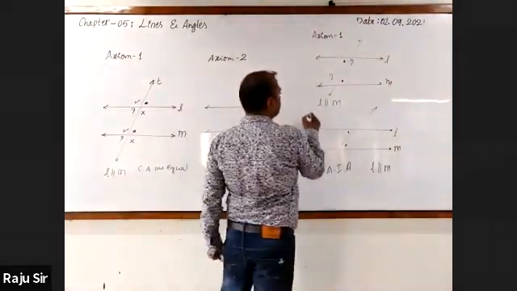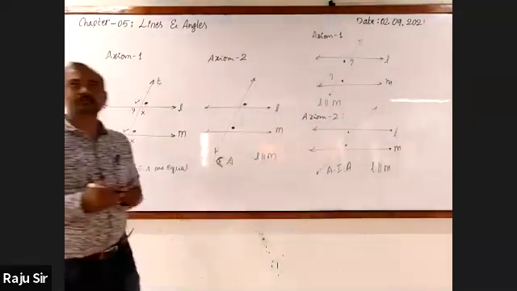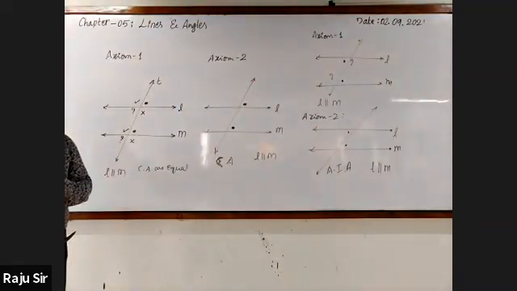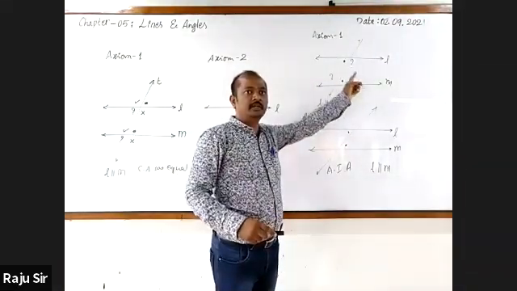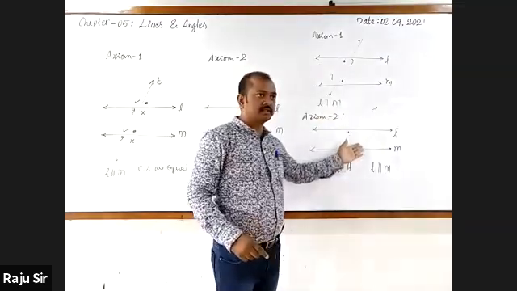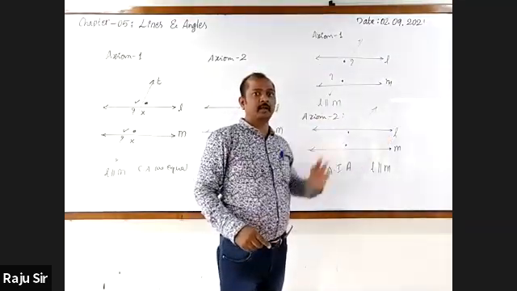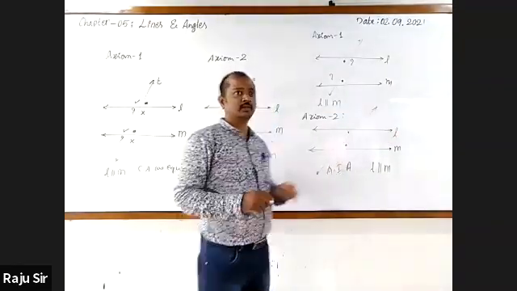This is axiom 2 related to alternate interior angles. If a transversal intersects parallel lines, alternate angles are equal. If alternate angles are equal, the lines will be parallel. Understood?